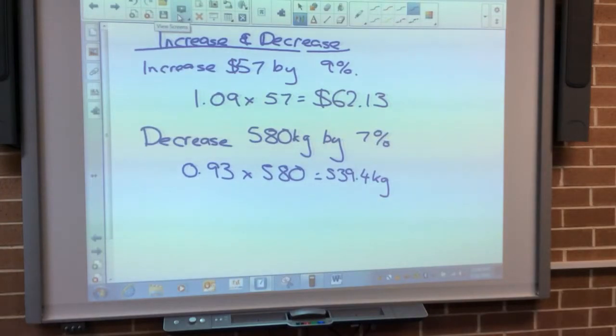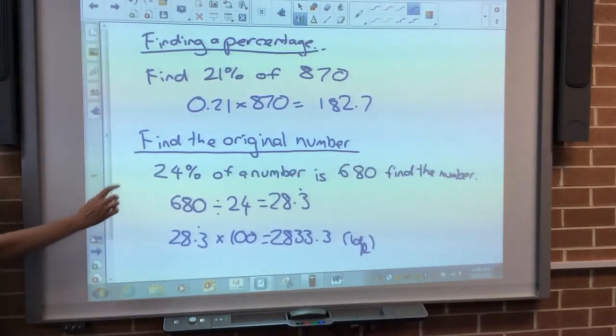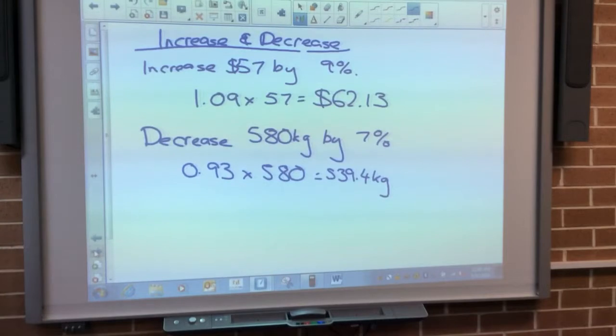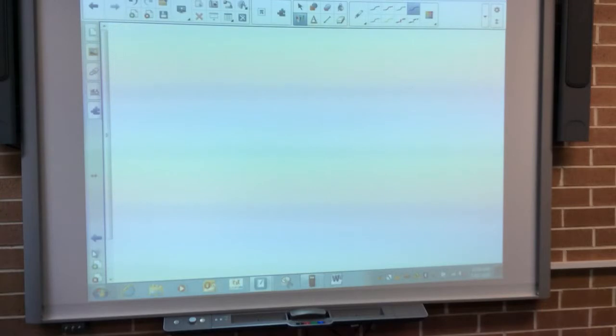Okay. The next type of question, the trickier one, was to combine this idea of trying to find the original number and an increase-decrease. The most common example of this is GST. Okay, what percentage is GST? In Australia, it's 10%. Currently up for negotiation in the government at the moment, but currently the rules have not changed. It is 10%.